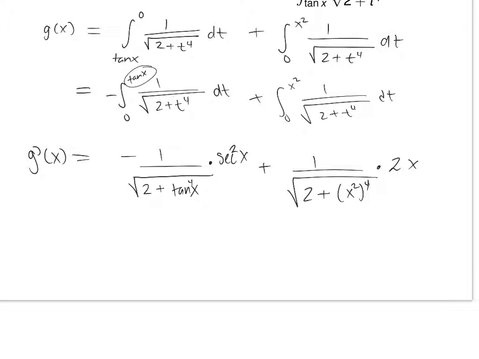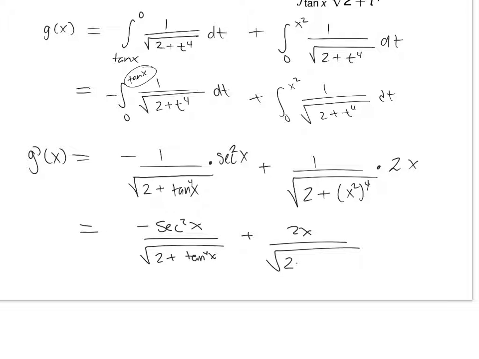And so, final slight simplification: negative secant squared x over root 2 plus tan to the fourth x, plus 2x over the root of 2 plus x to the eighth. Those exponents multiply, right? No common denominator, nothing else simplifying, that's it.